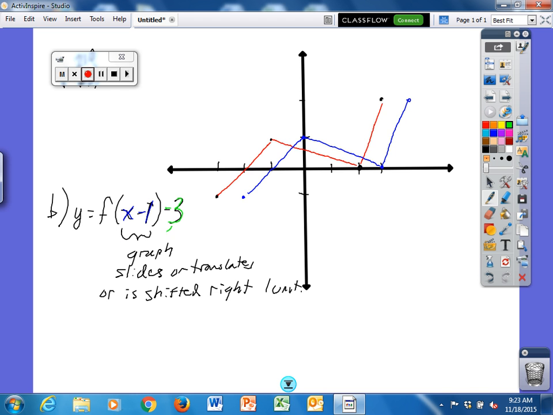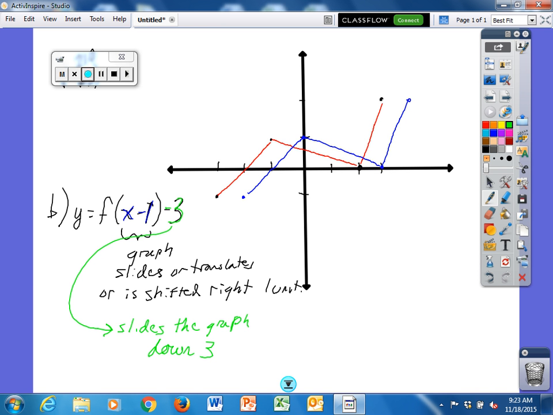So this slides or translates or shifts the graph down 3. So when you subtract or add something to the entire function, it has a vertical effect, and it's exactly what it looks like.